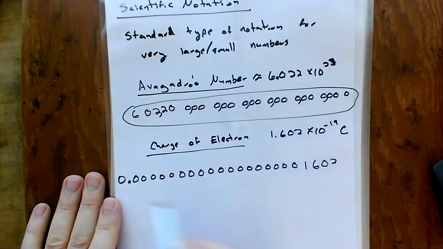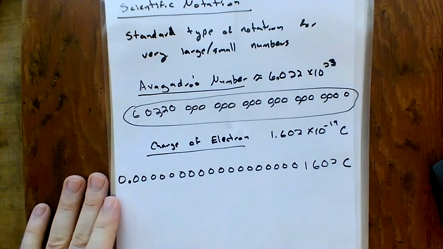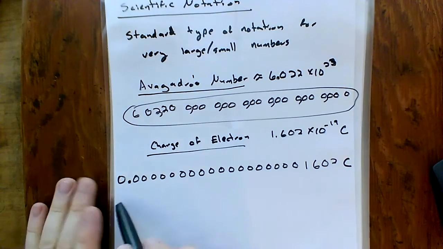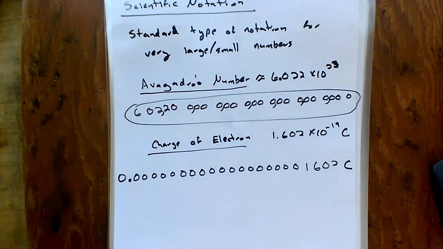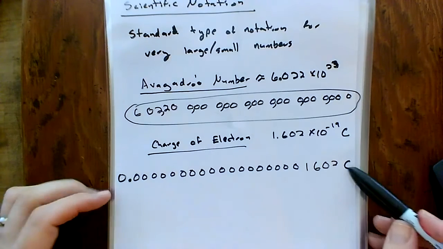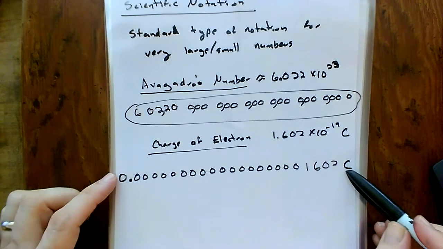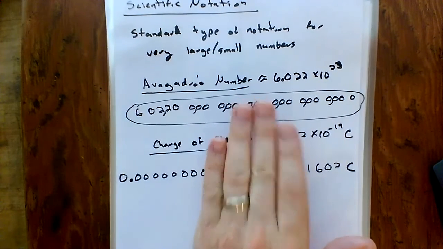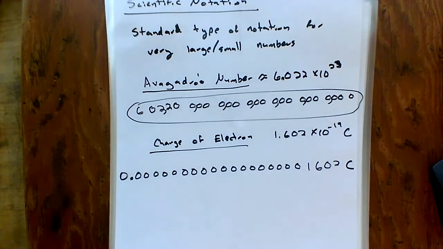So this is literally how small the charge of an electron is. This is a very, very small number, and this would be really awkward to try to plug into a calculator, mostly because your calculators would only have this many decimal places that you could plug in.